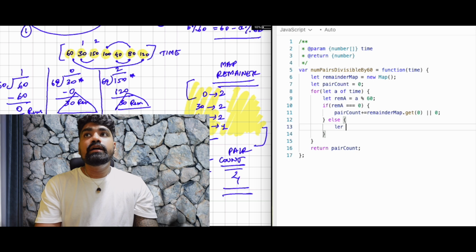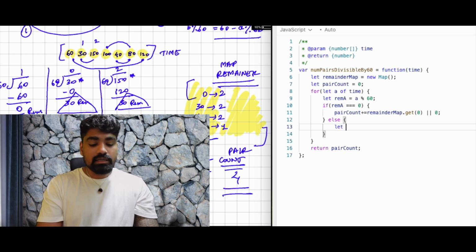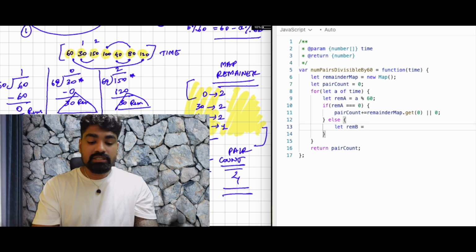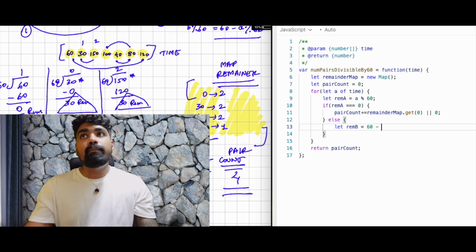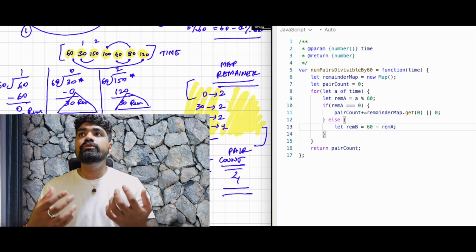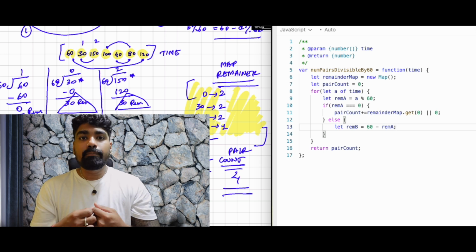So I will say remainder of b is going to be the complement that we are looking for, which is going to be basically 60 minus the remainder of a that we have already found, which we are going to try to see if it forms a pair now.